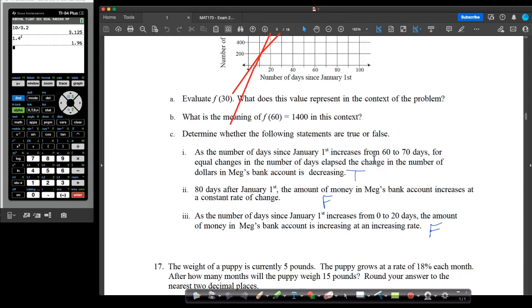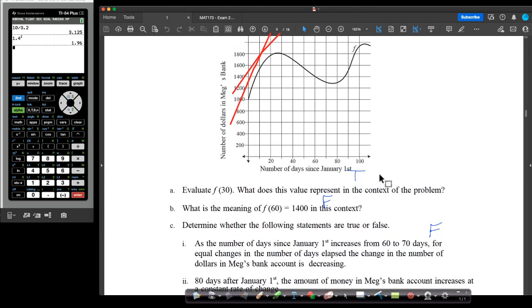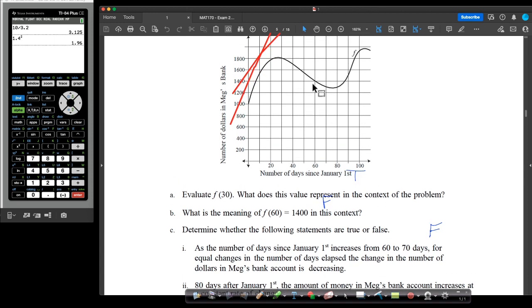As the number of days since January 1st increases from that, for equal changes in the number of days elapsed, the change in the number of dollars in Meg's bank account is decreasing. Equal. I don't understand what they're asking. It's definitely decreasing. We go from 60 to 70 for equal changes in the number of days elapsed.